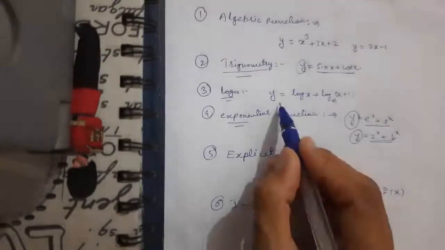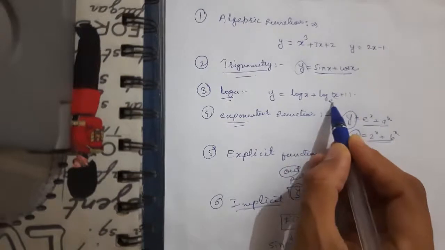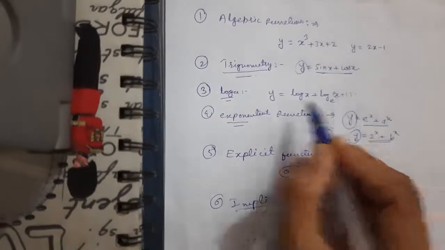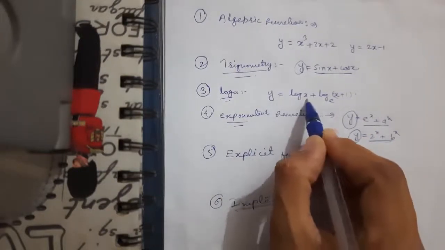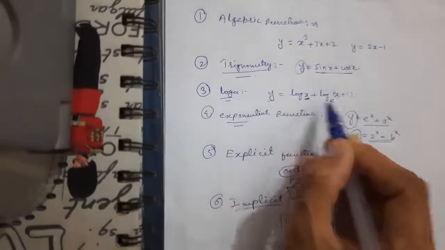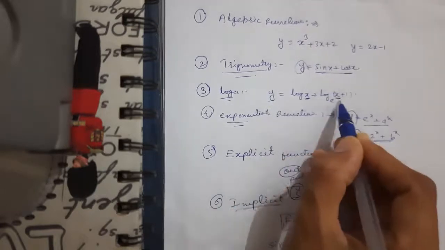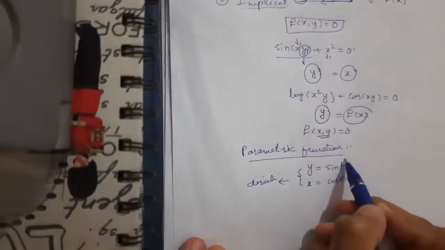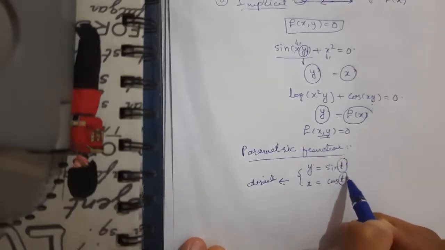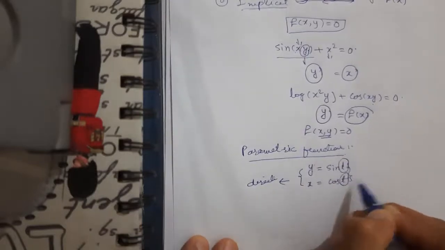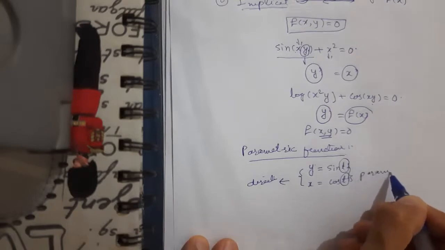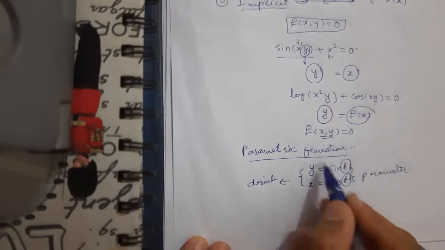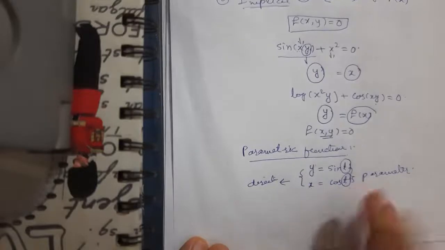For example, in the above example, y equals log x plus log to the base e of x plus 1, here x and y are directly connected. If you want to change y, you just need to change the value of x. Whatever x you put, you will get the value of y directly. Here x and y are not directly connected. They are connected through another variable which is t. And this t is called the parameter. So this kind of function is called a parametric function.